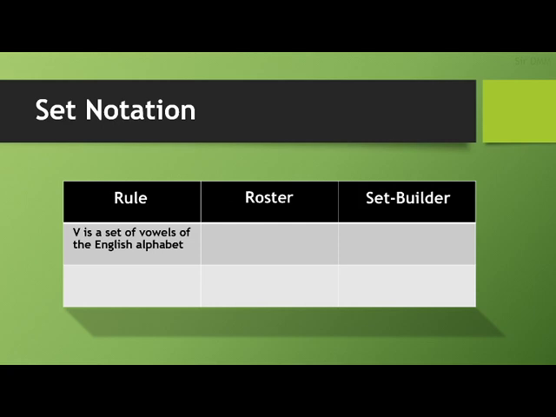If we write it in roster method, we have V equals A, E, I, O, U. Or you can read it as V contains A, E, I, O, U. In set builder notation, we have V is the set of all x such that x is a vowel of the English alphabet.